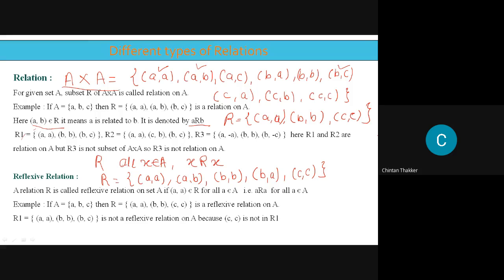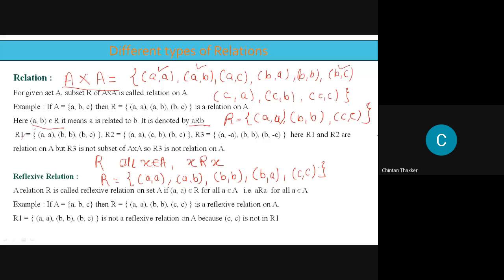Therefore, R1 is not a reflexive relation on set A, because here (c, c) is not in R1. So c is not related to itself.